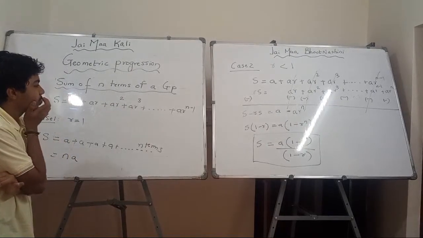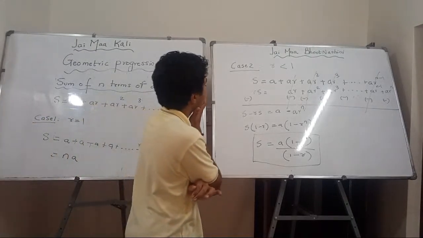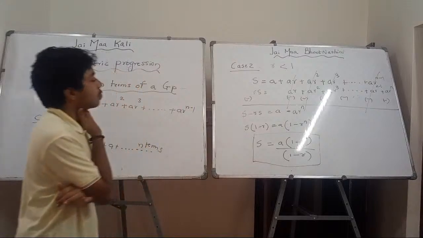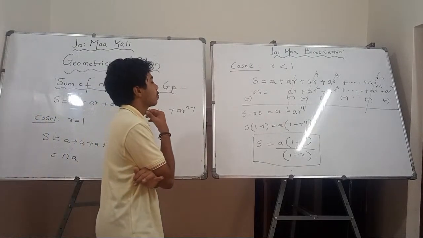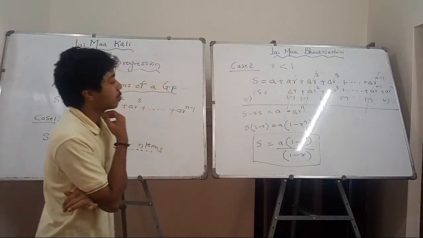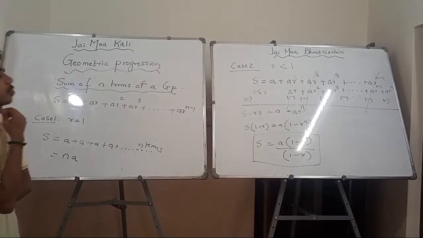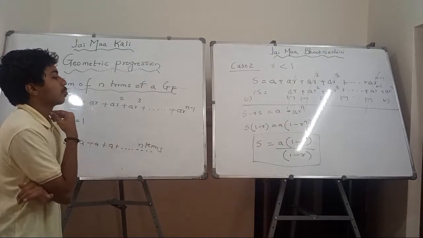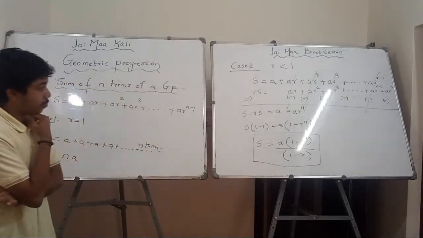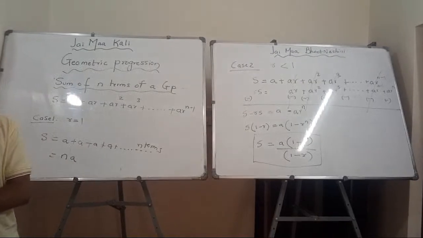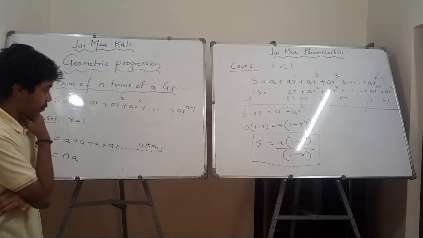Now we multiply both sides with R. So the left hand side becomes RS and on the right hand side wherever there was A, it became A into R. The second term was AR, now it became AR square and so on. The last term earlier was AR raised to n minus 1, that became AR raised to n, as you can see on the board. Now you subtract the second one from the first one.